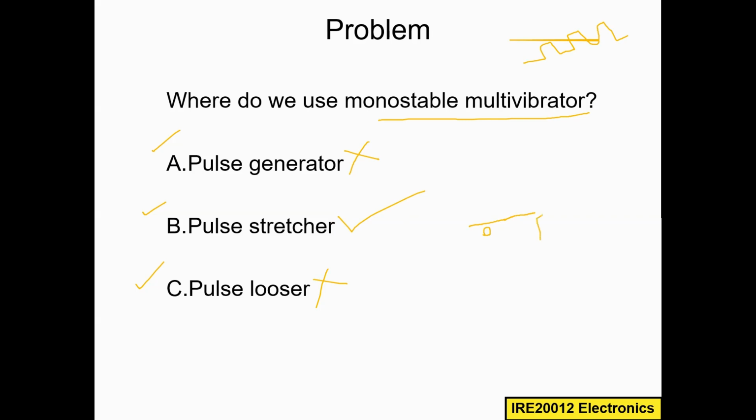Now suddenly you give the trigger, then immediately it goes to quasi state logic 1 for some time, and then it automatically goes back to stable state again and stays here. So you can stretch this pulse in off state for a long period, and whenever you want, you can give the trigger signal, then it will go to logic 1 shortly and then go back. So this monostable multivibrator is used in pulse stretcher. We are stretching the pulse.